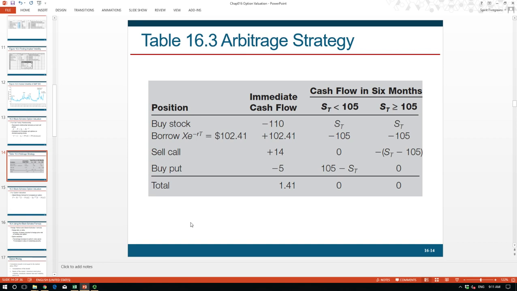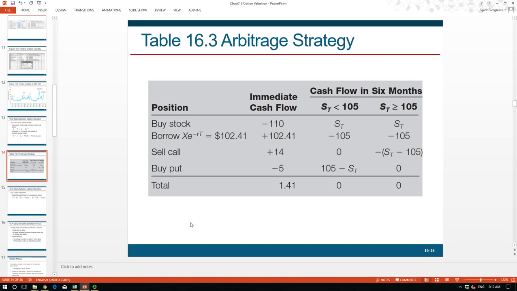Right? You would say, hey, I love that arbitrage profit, but keep in mind that a lot of people in this financial market are equally smart. When you see this opportunity, other people will see it, and there will be competition to grab that risk-free money on the table. A lot of people will do the same thing: they buy stocks, borrow the present value of the strike price, sell calls, and buy puts.